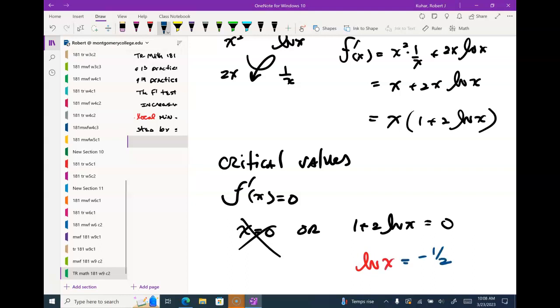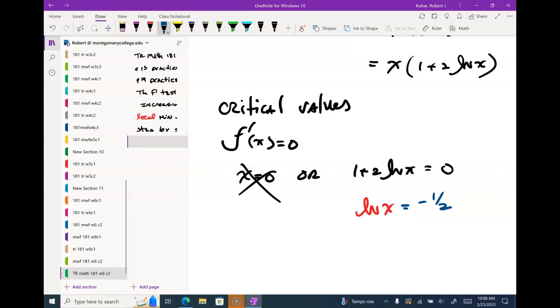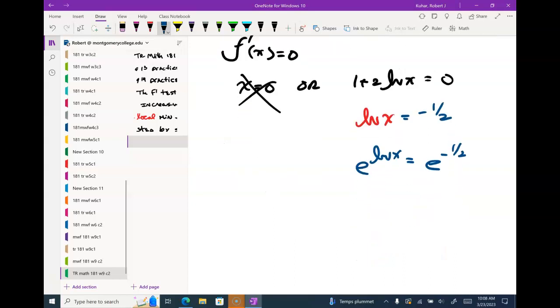Is that agreeable with everybody? And then I raise both sides to base what? e. So I get e to the ln of x equals e to the minus 1/2. On the left-hand side, e and ln are inverse functions, so they cancel each other out. I get x equals 1 over the square root of e.